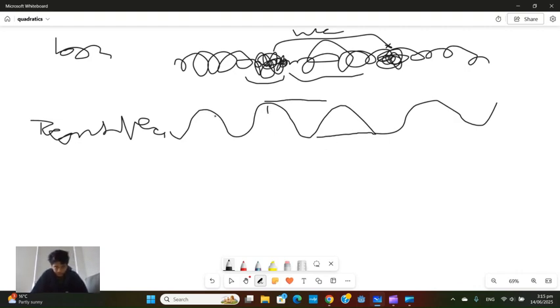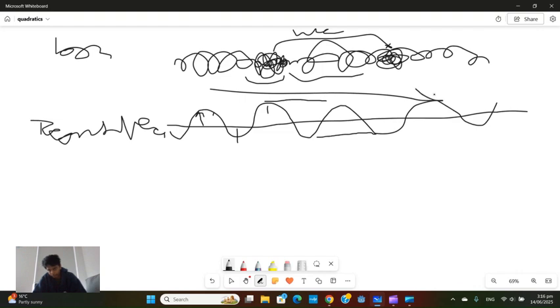These are peaks and these are troughs. The height of a wave above the normal is called the amplitude. And there's also wave speed, which is how fast the wave is going.